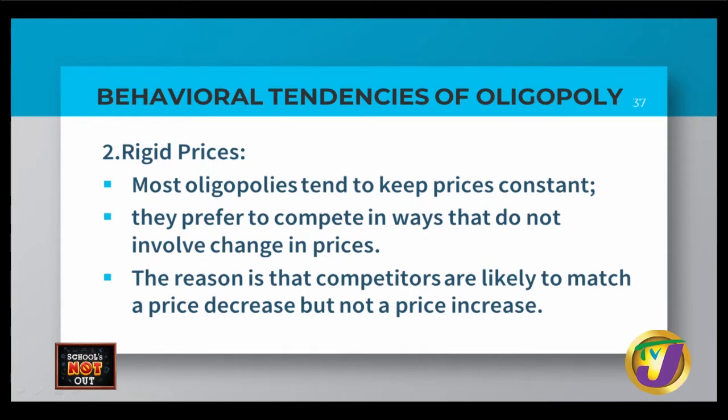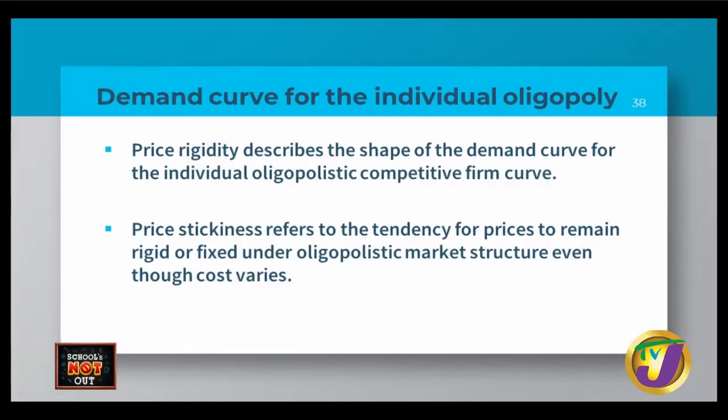They prefer to compete in ways that do not involve change in prices. And the reason is that competitors are likely to match a price decrease and not a price increase. And we're going to see that this behavior now leads to the type of demand curve for an individual oligopoly.